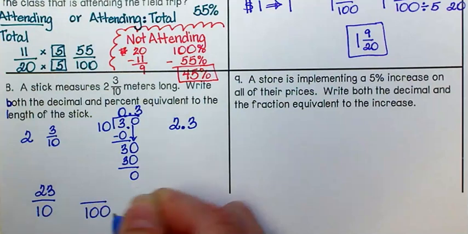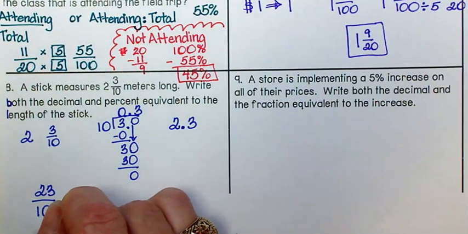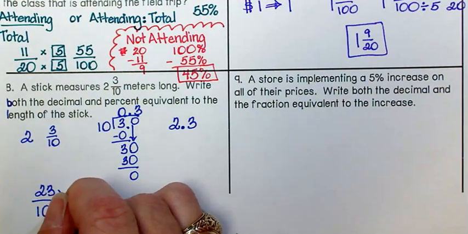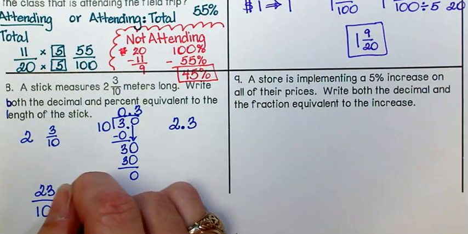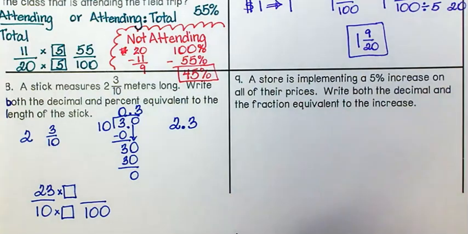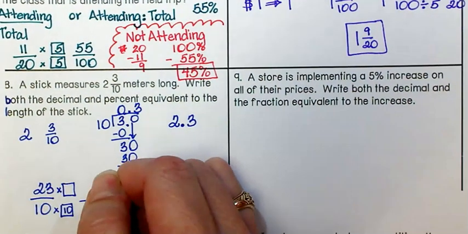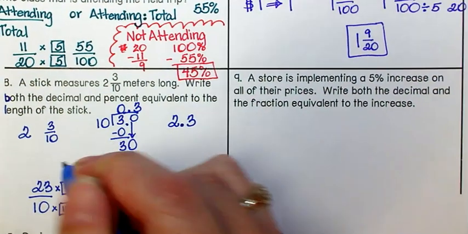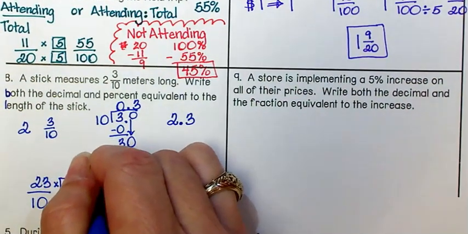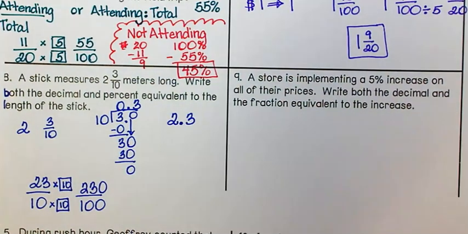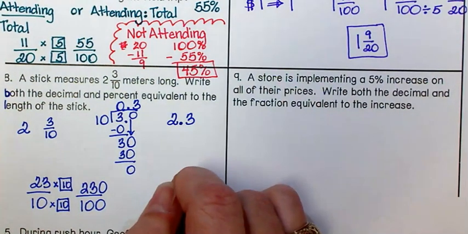So I'm looking at that, and I'm like, hey, what do I multiply 10 by to get 100? Well, whatever that is, I'm going to multiply the top part by that same number. Okay, 10 times 10 is 100. 23 times 10 is 230. Okay? So that is your percent. 230%.